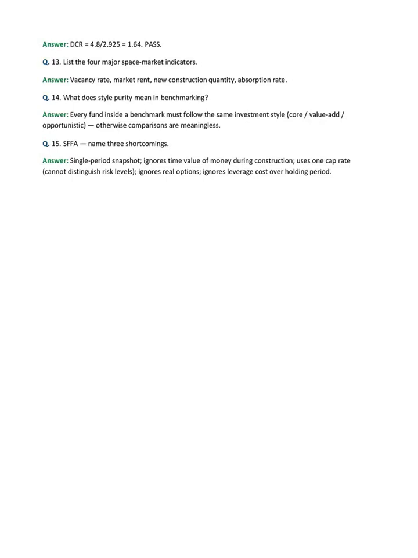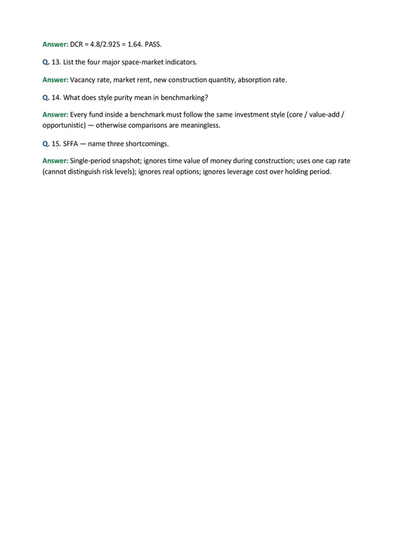This page is more final exam questions, 13 through 15. DCR equals 4.8 divided by 2.925 equals 1.64. Pass. 13 Quetzales. List the four major space market indicators: vacancy rate, market rent, new construction quantity, absorption rate. 14 Quetzales.